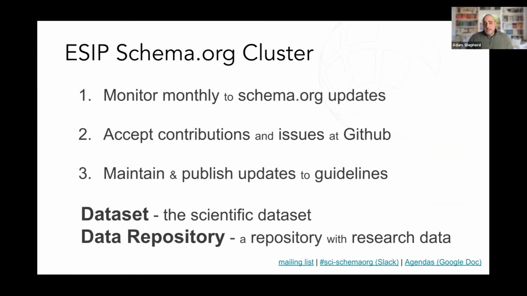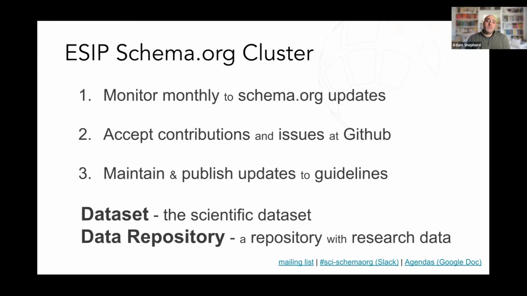Okay, so the cluster, we meet about two times a month, bi-monthly, and we monitor the schema.org initiative that's happening primarily out of Google. They put out monthly updates, and we watch those for things that we need to incorporate into our guidelines or things that might impact what we recommend to the data repository community.